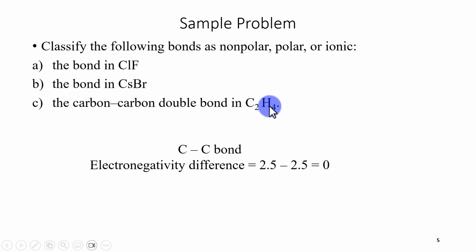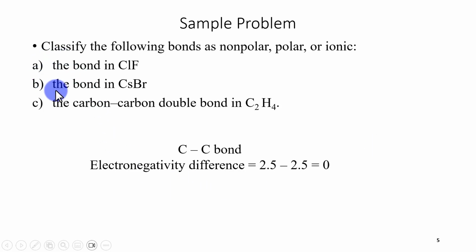The hydrogen has a 2.1 electronegativity value. So if I did the electronegativity difference for the CH bond, I would do 2.5 minus 2.1, giving me 0.4, and that bond would still be considered nonpolar because it is between 0 and 0.5.